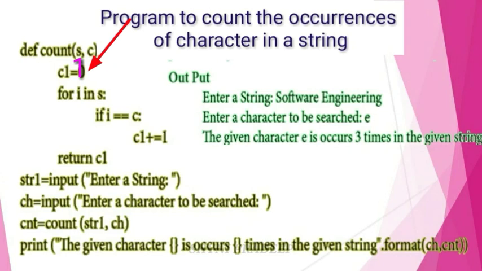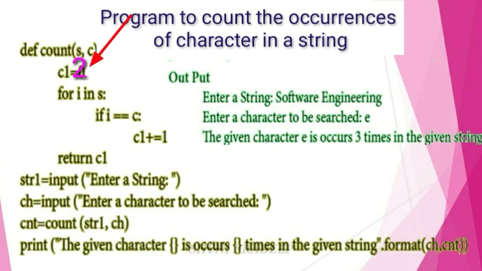Okay, next see, next e, that is uppercase e, so not equal, and next n not equal, next g not equal, next I not equal, next n not equal, and next e is equal to e. Yes, this condition is also true. So again c1 plus equal to 1, c1 value is what? 1. Okay, 1 plus 1, 2. So now this c1 becomes 2.